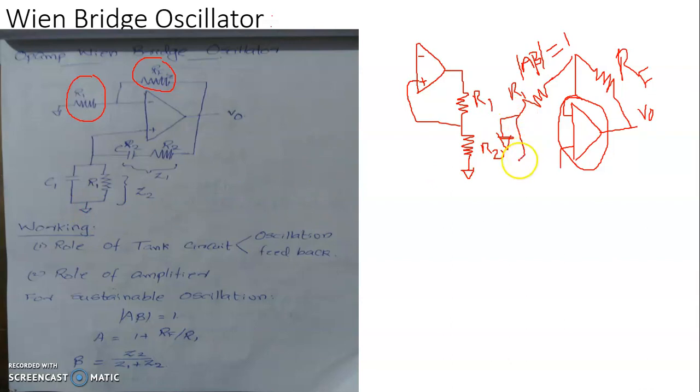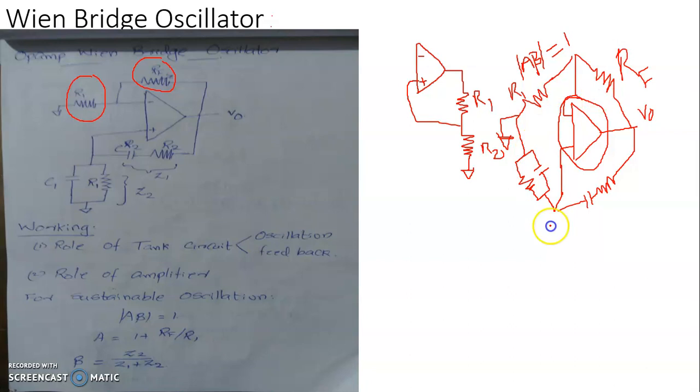Here it will consist of a parallel resonance circuit or a tank circuit having components resistance R1 and capacitance C1. And this is connected to this terminal. And here you have a series resonance circuit consisting of resistance R2 and capacitance C2.